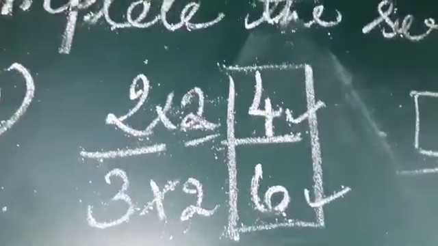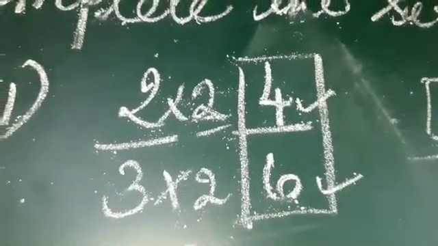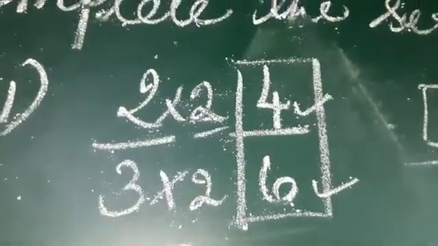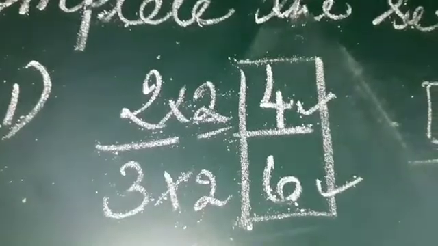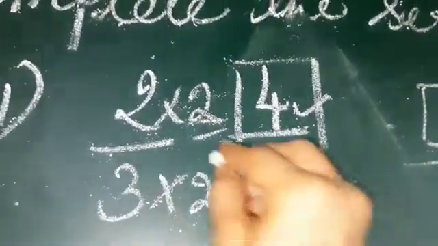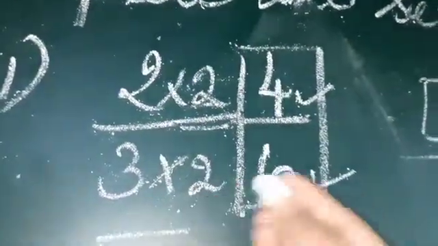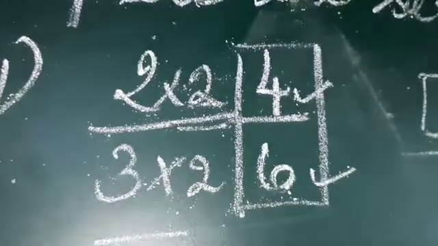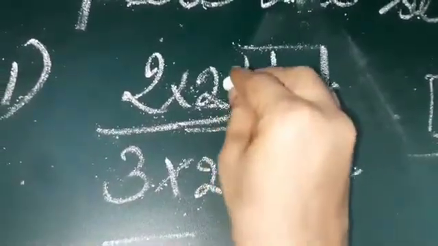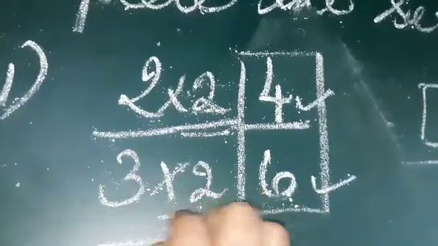I have taught you in the first chapter itself, a series means it will have a pattern. Now here the given pattern is in increasing order, which is the multiplications of 2 and 3. So for an equivalent fraction, both numerator and denominator have to be multiplied with the same number.